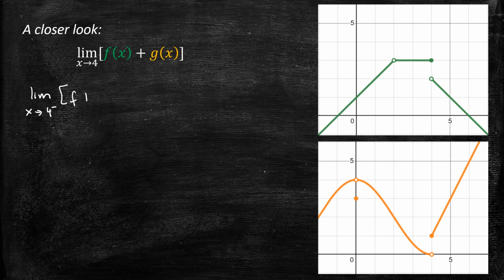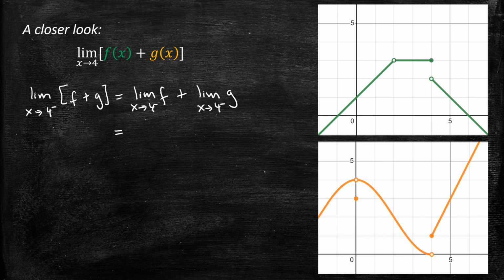So let's look at, I'm just going to write f plus g instead of all the x's to save a bit of time. Let's think about the limit from the left of 4 for both f and g. Now, luckily, one-sided limits often exist, and if they exist, we can apply the limit laws to one-sided limits as well. The rules still apply.